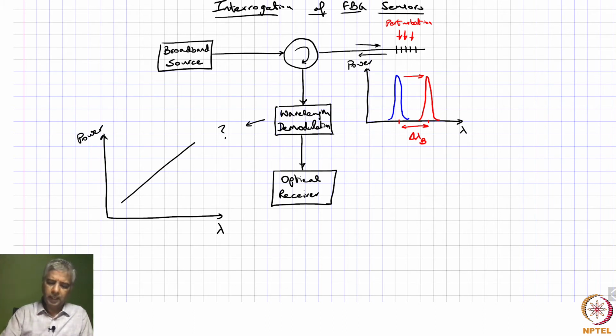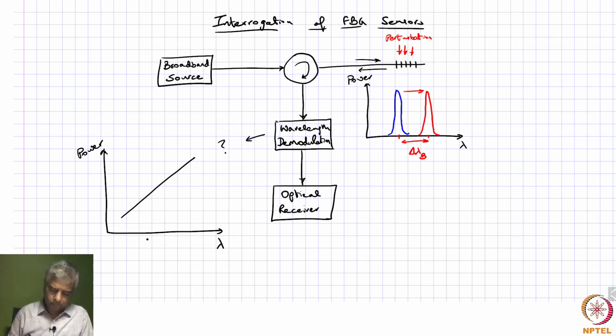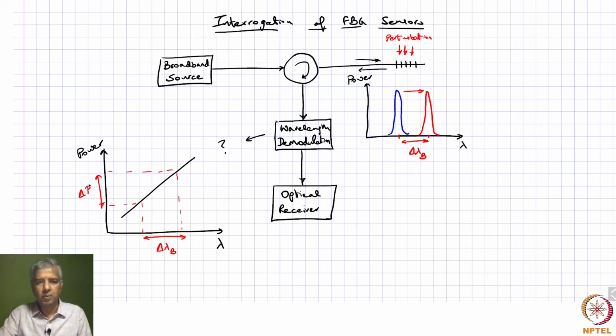where any change in your Bragg wavelength, let us say it is moved from here to here, so this is your delta lambda B, gives a corresponding change in the amount of power that you can capture using your optical receiver.